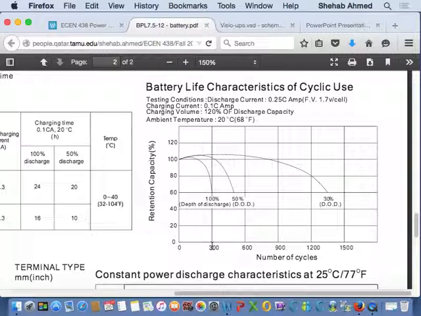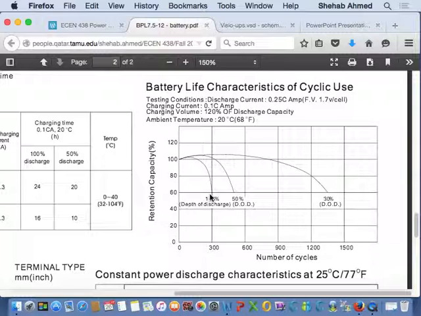So I charge it to 100%, discharge it to 100%, and repeat. After 300 cycles, you can no longer charge it to 100%. You can only charge it to 60% of its capacity. So you will not be able to fill it with energy anymore.